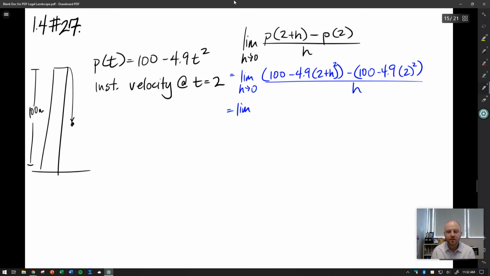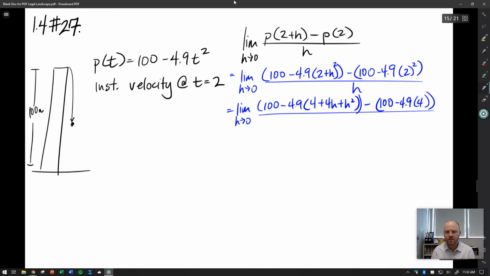We've still got the limit as h goes to 0. This is 100 minus 4.9 times 2 plus h quantity squared, which is 4 plus 4h plus h squared, and then minus 100 minus 4.9 times 4. And then this is all over h.